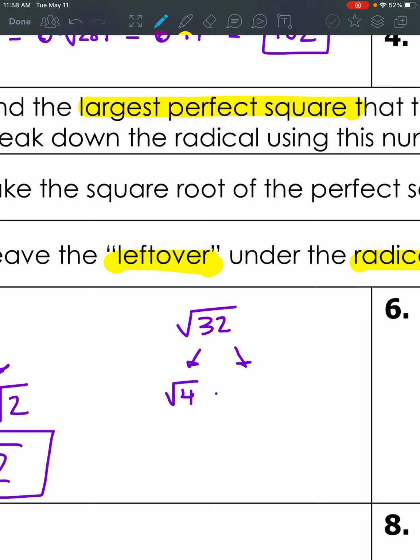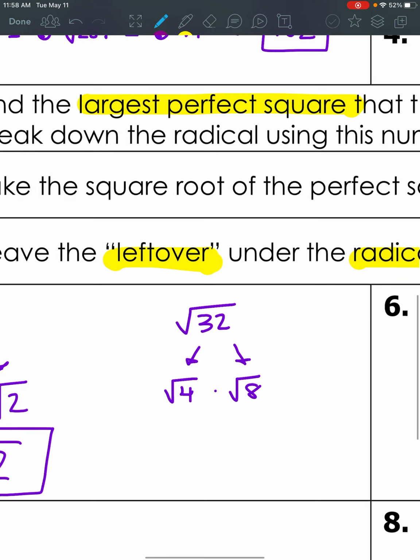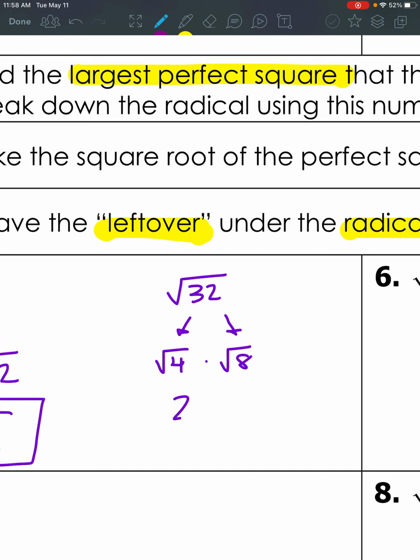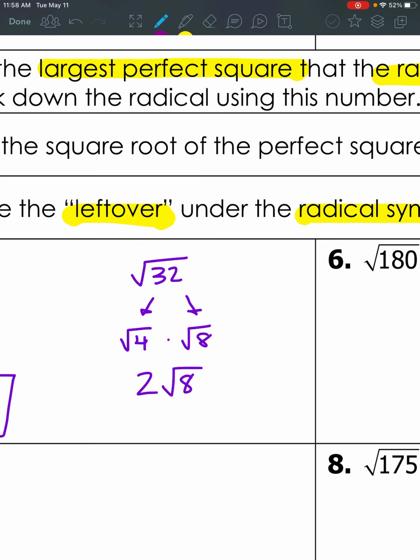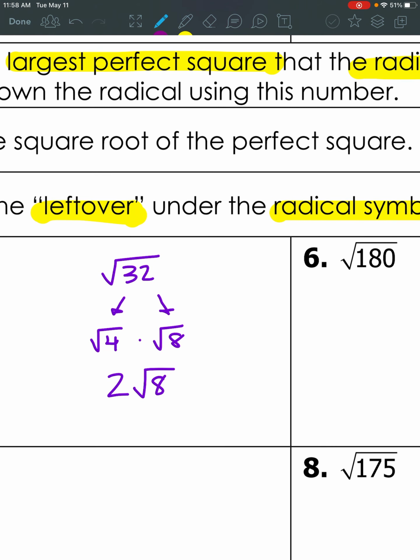So maybe you did 4 times 8, and then we could pull out the square root of 4 is 2. And then this is an actual correct answer, but it's not fully simplified because the square root of 8 is divisible by 4. So we could actually break this square root of 8 into 2 more factors, pull out another square root of 4, which is 2.